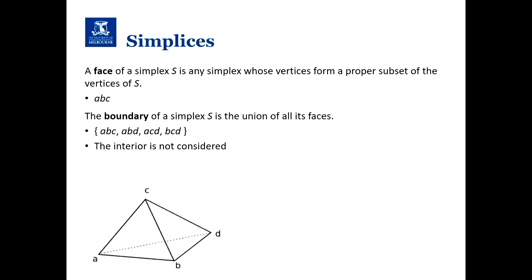What does it mean? If we look at this tetrahedron here, this whole triangle ACB forms a face. Because all of their parts, the convex hull of AC, this line, AB is a line, BC is a complete line, and the whole triangle itself is a complete subset. There's nothing missing. So the inside is included.